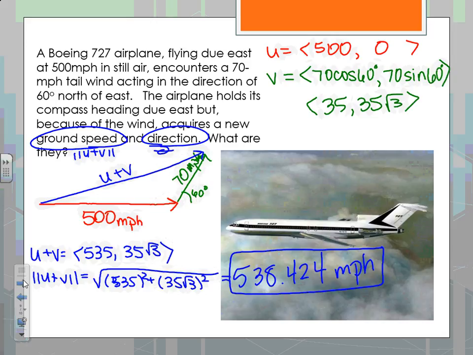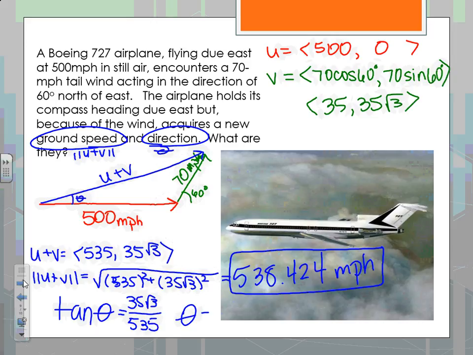Okay. Then to find the direction, we basically need this angle right here. We know that the tangent of that angle should be the vertical component over the horizontal component.